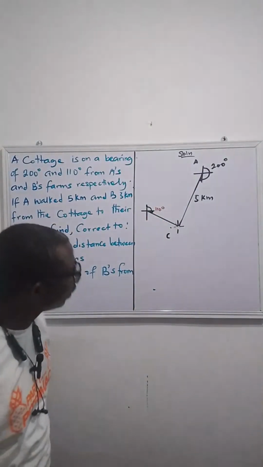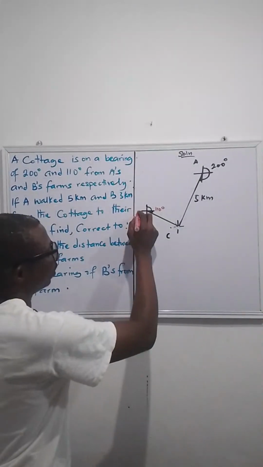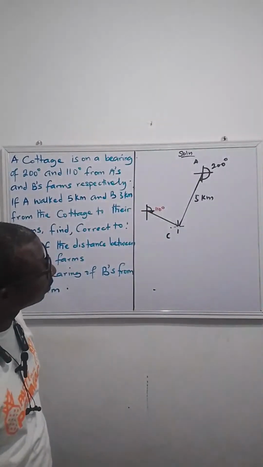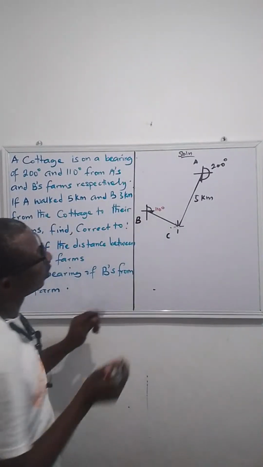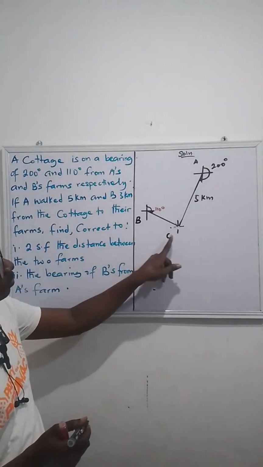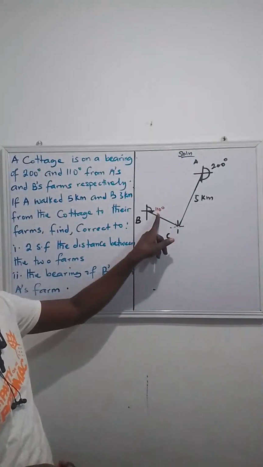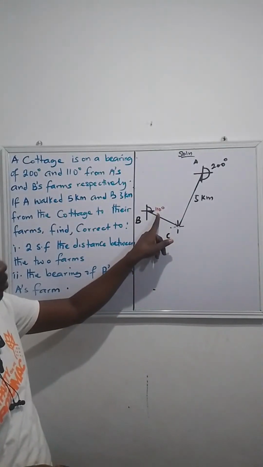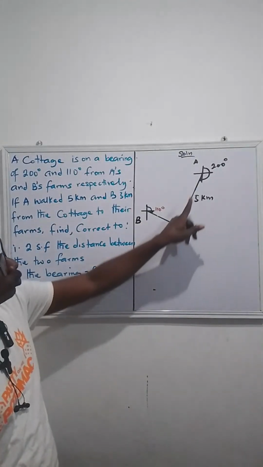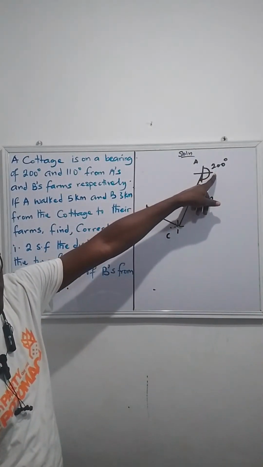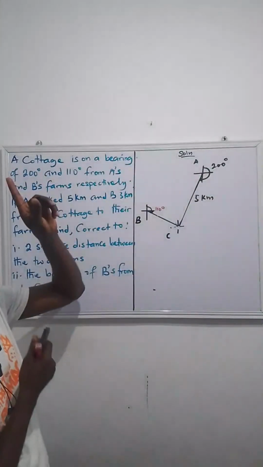Okay, so let's join these points together. Don't forget this place is B. This is point B. Now C is 110 degrees from B, and C is also 200 degrees from A. And that's what the question is saying.